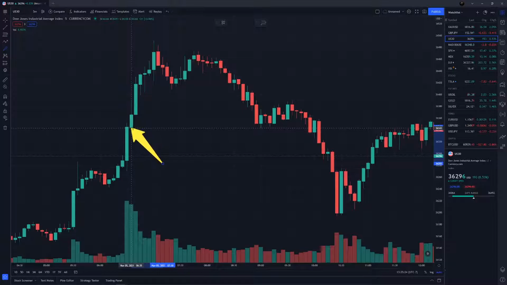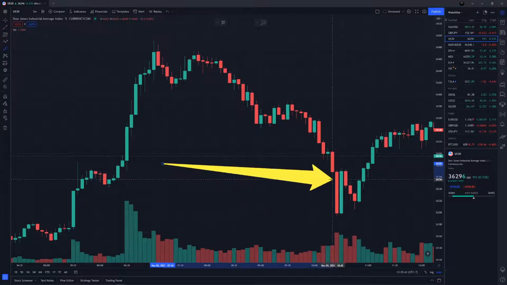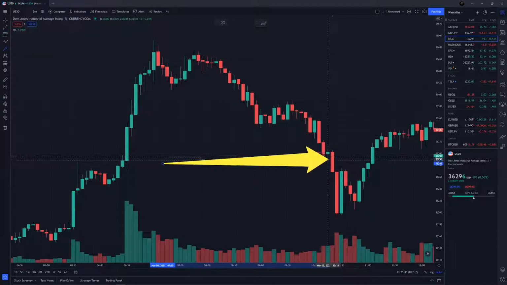And then it opened here. Possibly it could have pulled all the way up, could have come down first, but all we know is that it opened here. At some point it pulled back, pulled up, closed here. Red candle.